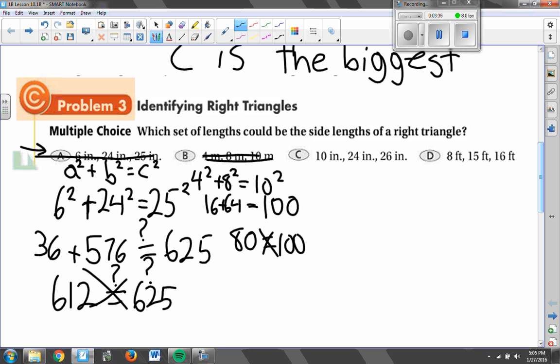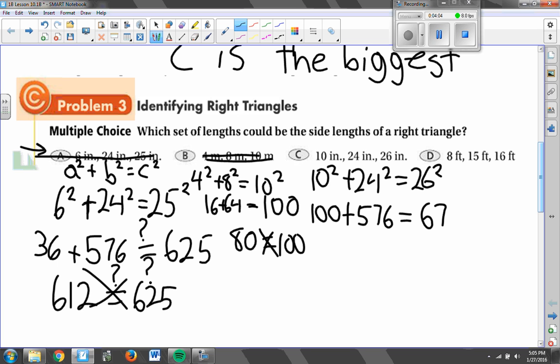All right, another try, 10, 24, 26. 10 squared plus 24 squared. Again, I'm leaving my biggest number for the end, 26 squared. 10 squared is 100. 24 squared is, I believe, 576. And 26 squared, 26 times 26, is equal to 676.